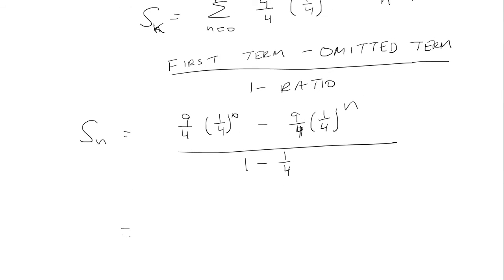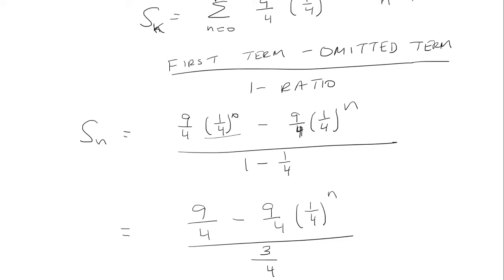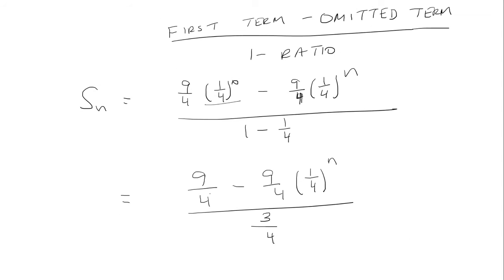Now we're going to simplify. 1/4 to the 0 is just 1, so that leaves us with 9/4, and we have minus 9/4 times 1/4 to the n, all over 3/4. The nice thing is that they all have a 4 in the denominator, so I can multiply top and bottom by 4, and that cancels the denominators.